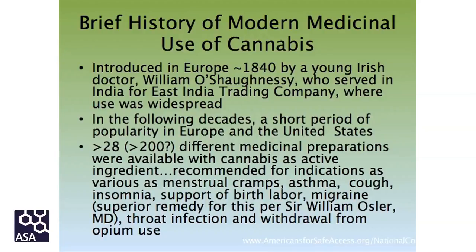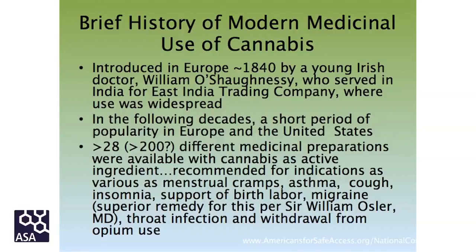And after he showed that it was useful in tetanus, in spasms, and rabies, a few other conditions, things basically based on hyperexcitation of the nervous system, he was able to publish that, and he was eventually knighted for his laying the telegraph throughout India, but this other work of his was very important and led to, I've seen, more than 200 different medicinal cannabis preparations that were in circulation in the United States and Europe.